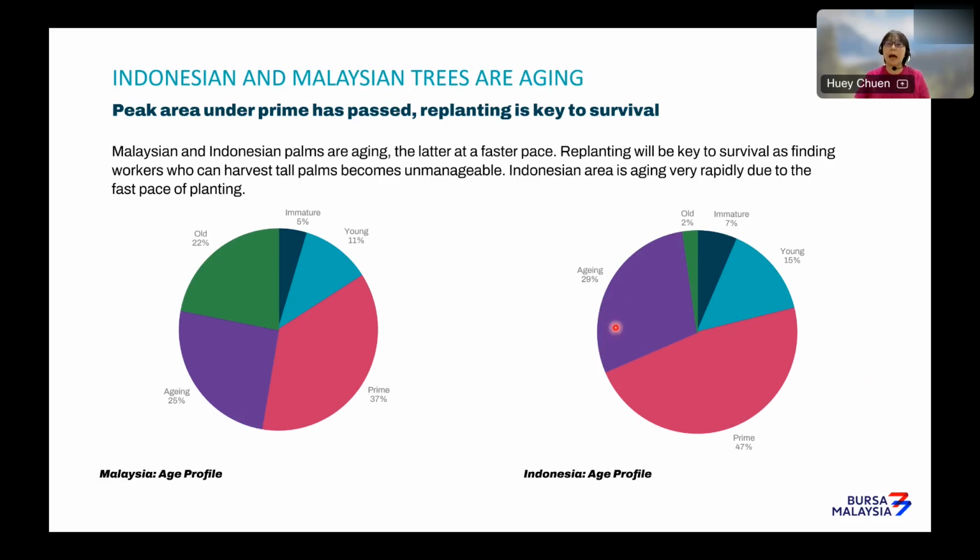They also have a high percentage of trees at the aging stage, and they have 2% at the old age, which means they also have trees that are above 30 years and yet to be replanted. So this aging profile is something we have to take note of, because it actually slows down production growth in both Malaysia and Indonesia.